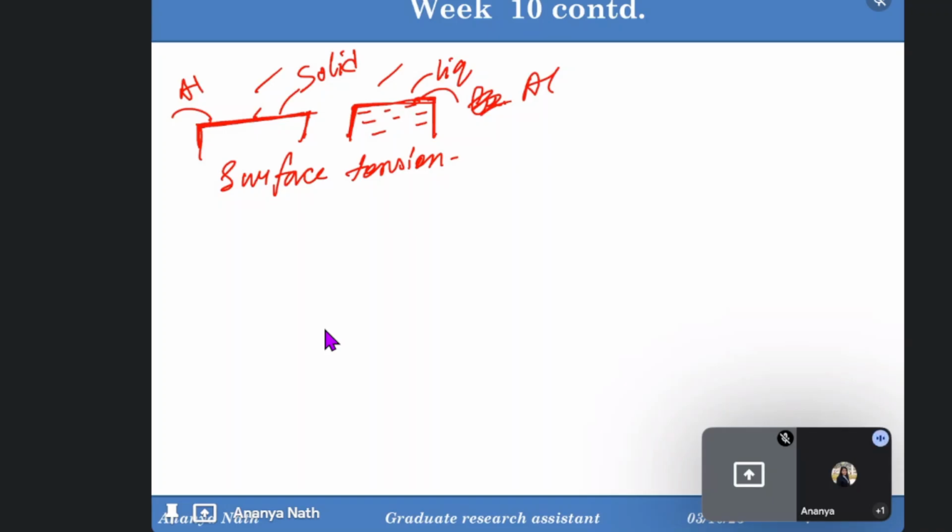Now if the liquid is falling in the air, it always tries to get a spherical shape. This is because of the surface tension. So I went for the definition of surface tension.